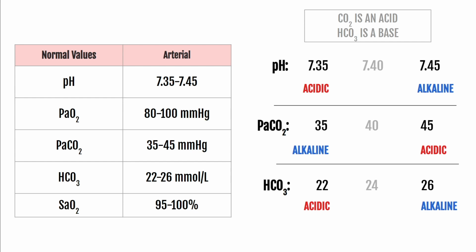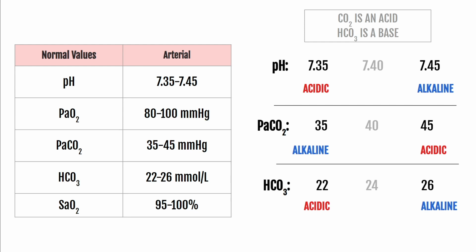And since carbon dioxide is an acid, when there is a high amount of PaCO2, or when it increases above 45, it's considered acidic. And when there are low amounts of CO2, under 35, it's considered alkaline.